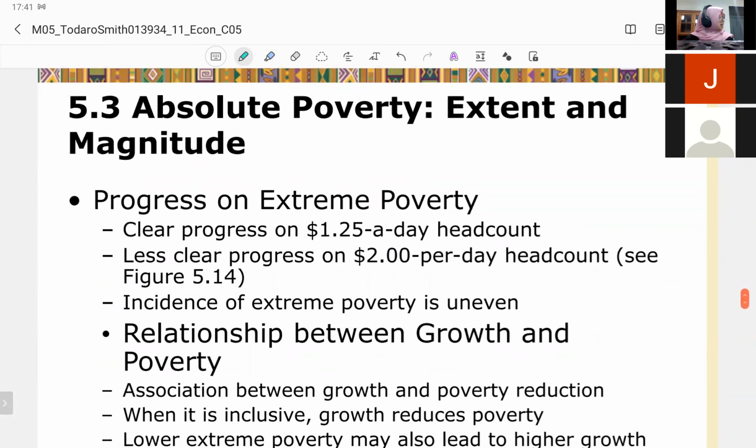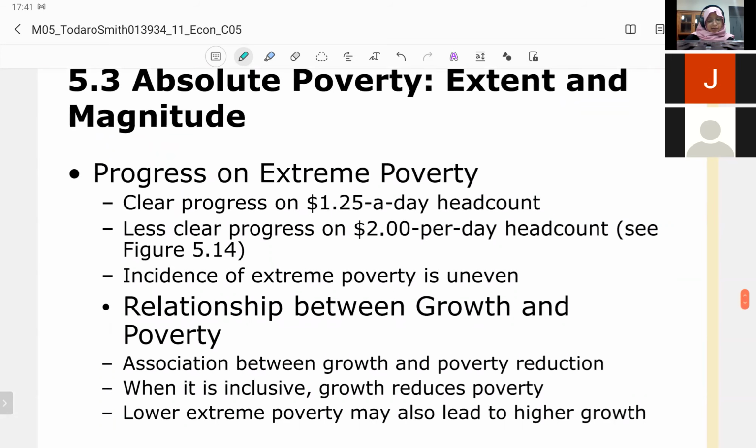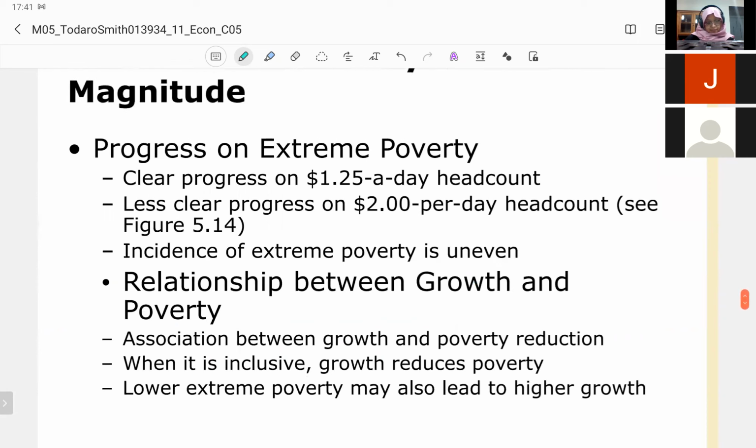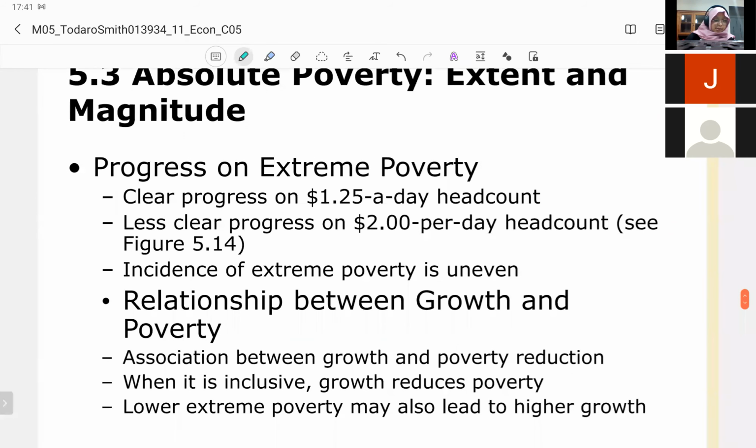And then the absolute poverty, extent, and magnitude. So when we want to examine the progress on extreme poverty, it seems like if we use the measurement of $1.25 a day, there has been a clear progress.